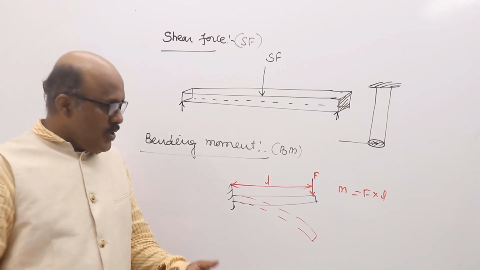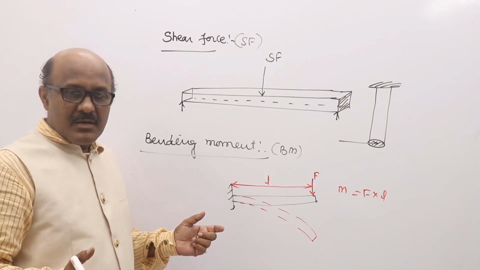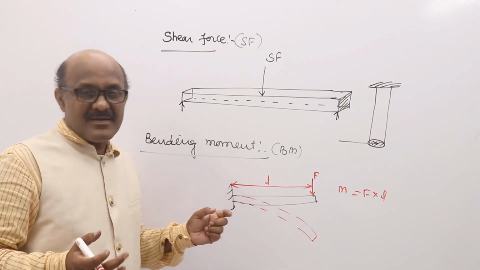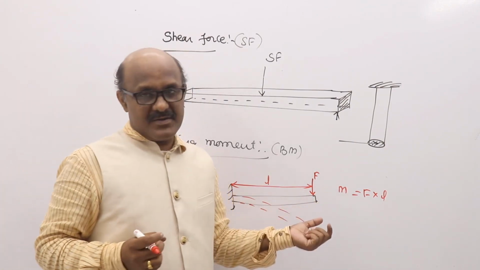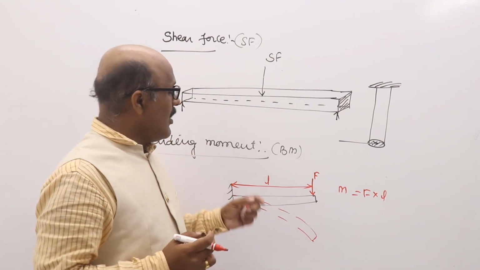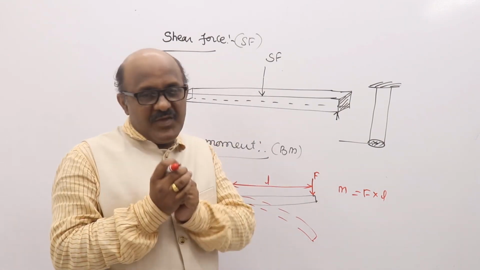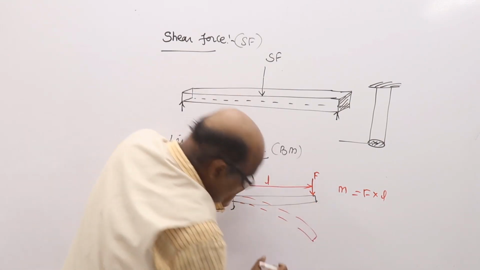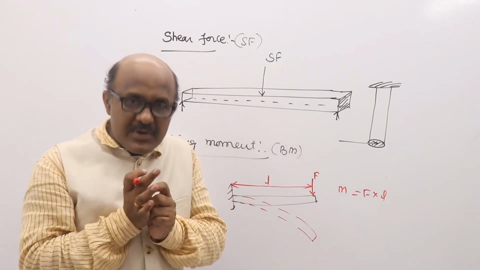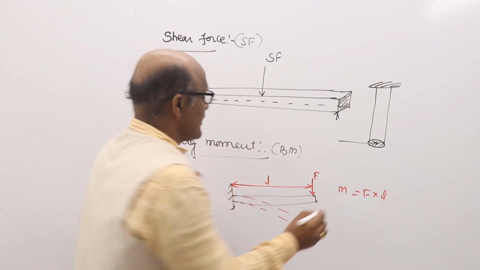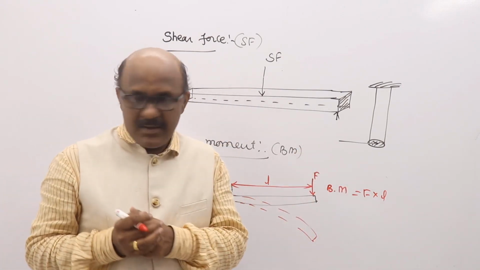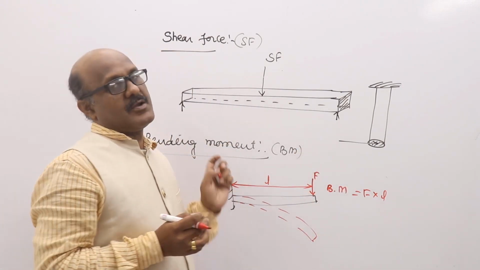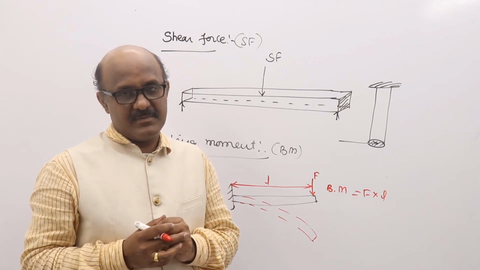The magnitude with which the beam bends is called the bending moment. Bending moment is equal to F into M, that is force into perpendicular distance, my dear students.